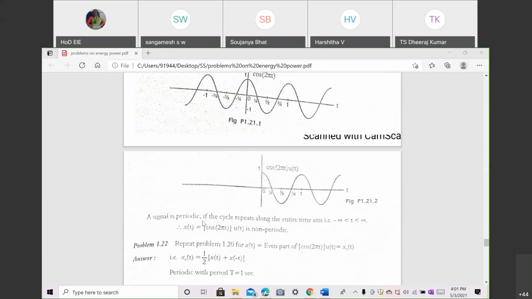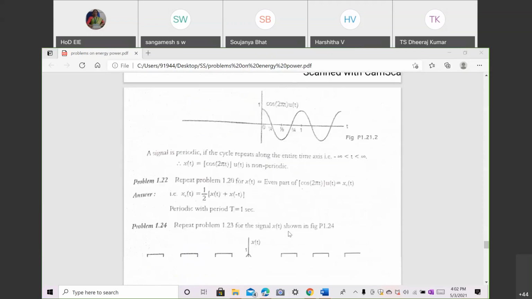A signal is periodic if the cycle repeats along the entire time axis, from minus infinity up to plus infinity. It should repeat on both sides. Therefore, x of t equal to cos 2 pi t into u of t is non-periodic.